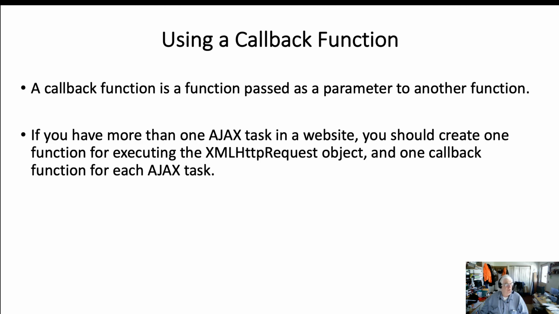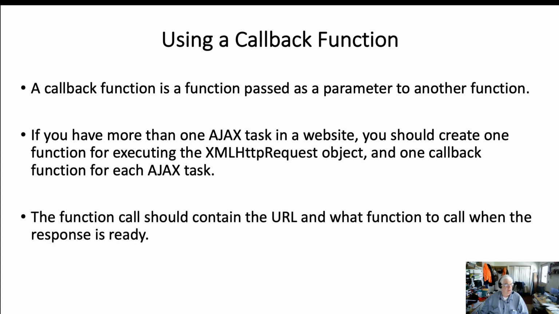If you have more than one AJAX task on a web page, you should create one function for executing the XMLHttpRequest object and one callback function for each AJAX task, because otherwise you come back and you've got state 4 and status 200, but you don't know which one's done. The function should contain the URL and what function to call when the response is ready.